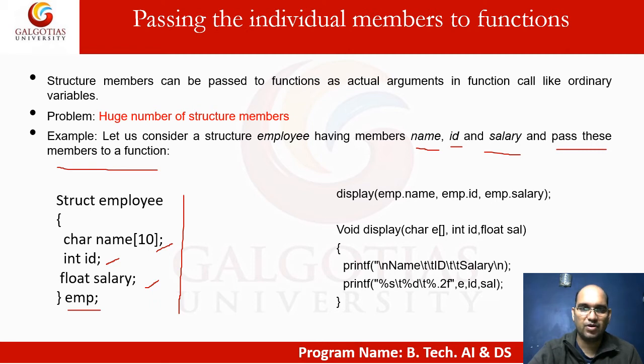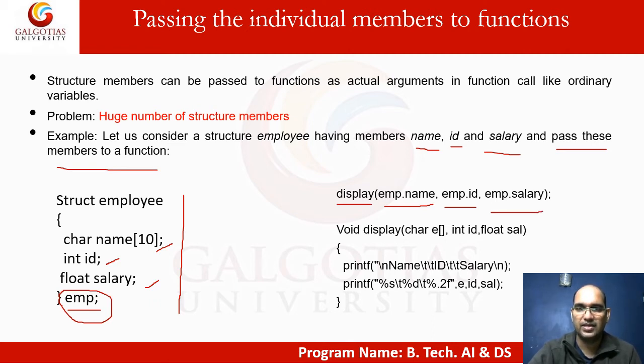If you want to pass all these 3 values of this particular EMP object, then this is how we have to do it in a function call. In the function call, you have to mention EMP dot name. EMP is the structure variable name and name is the member. Then EMP dot ID, where EMP again is the structure variable name and ID is the member. And the third one is EMP dot salary, similarly.